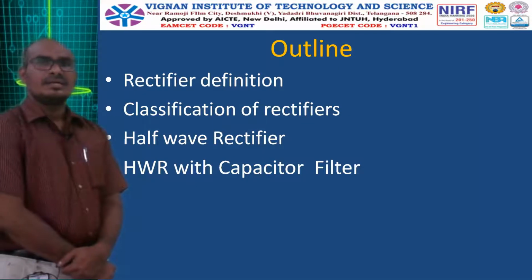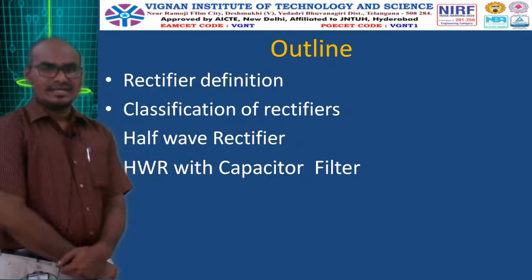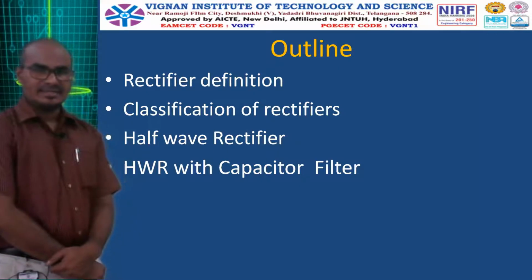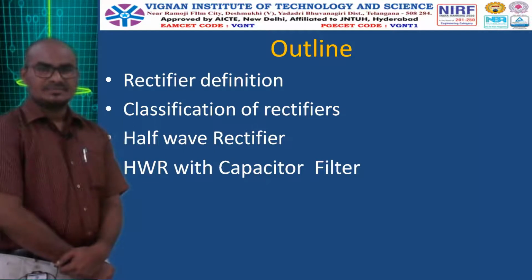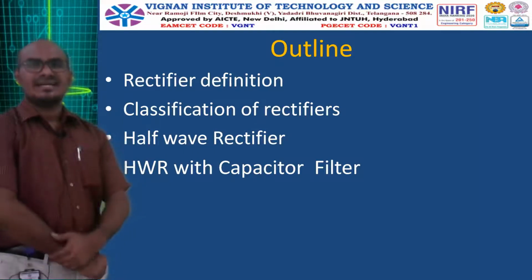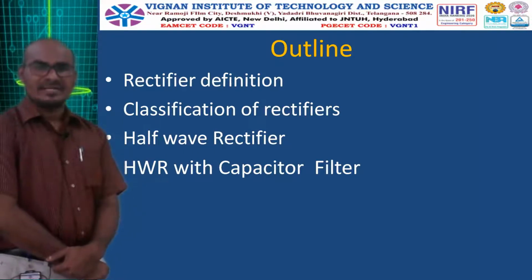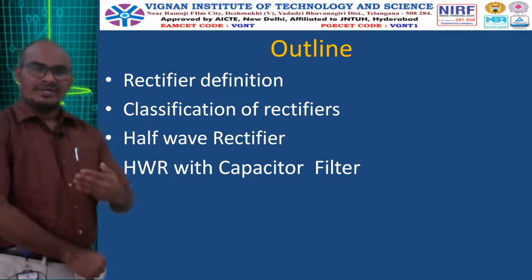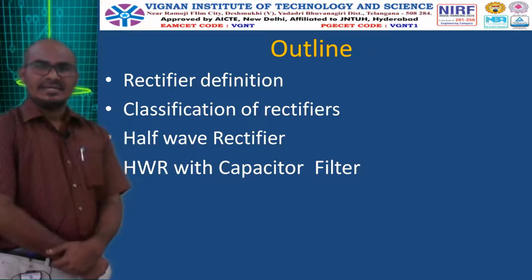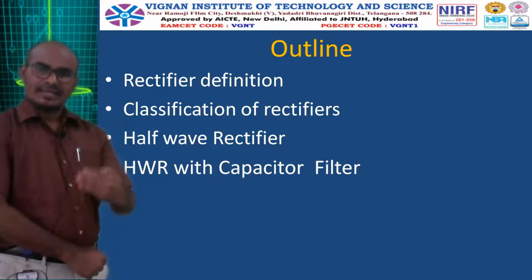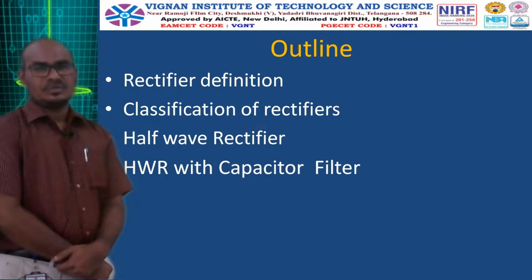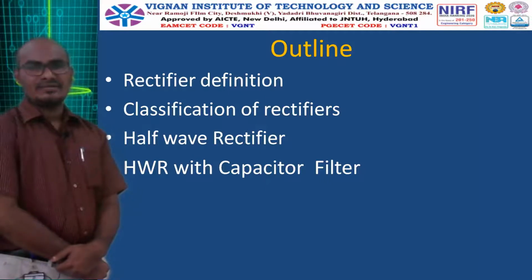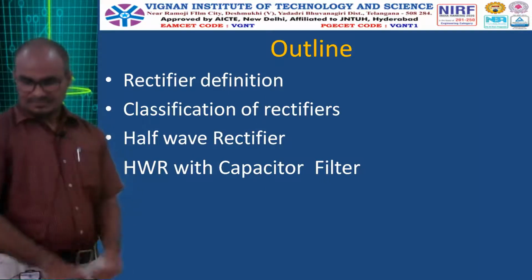Today's class outline is: what is a rectifier, what are the different types of rectifiers, and we will study in detail one of the rectifiers, the half wave rectifier. Whenever we study a rectifier, it is accompanied with a filter, so we have to study the rectifier and the rectifier with a filter.